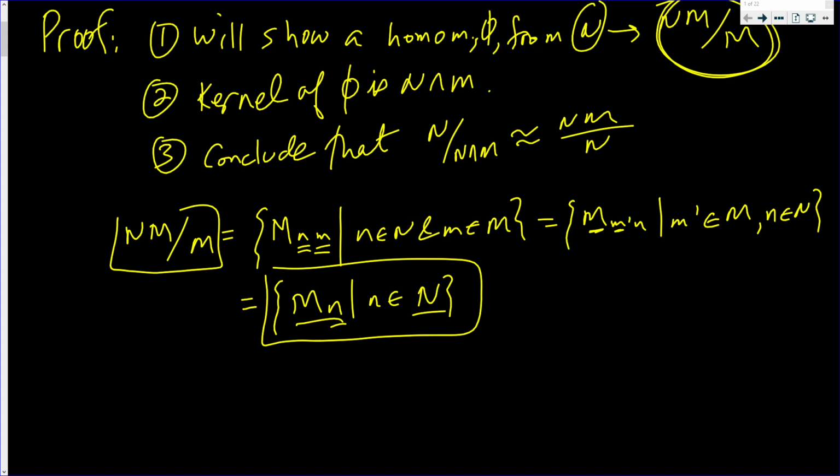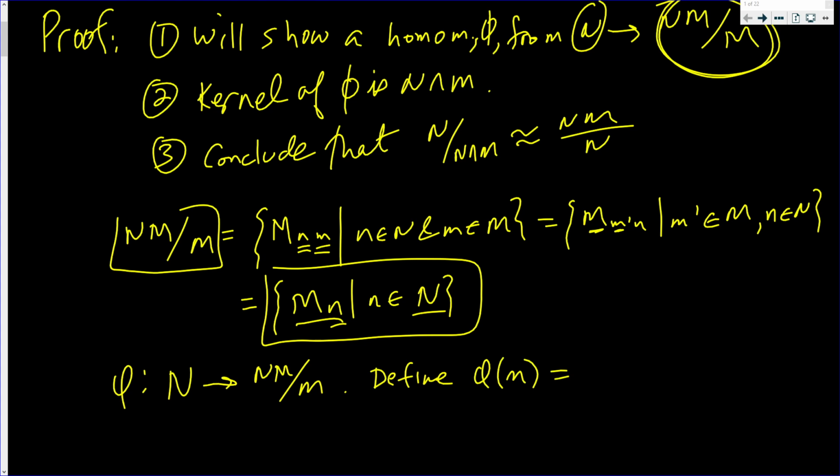Now let's define a homomorphism from N, the simpler set, to NM mod M. We'll define phi of little n to equal something in here. How about we let it be M times that same n? Nice and simple.